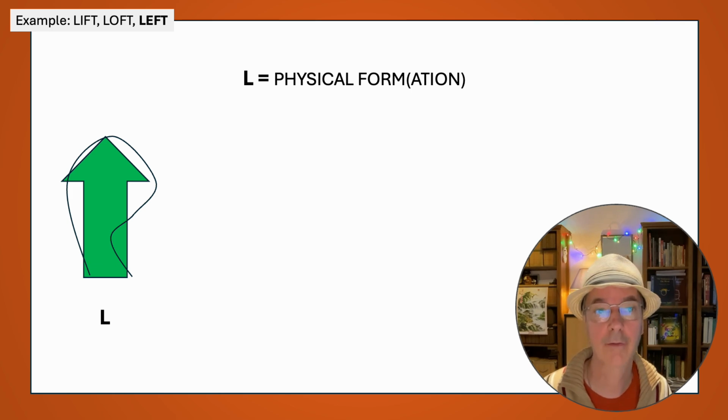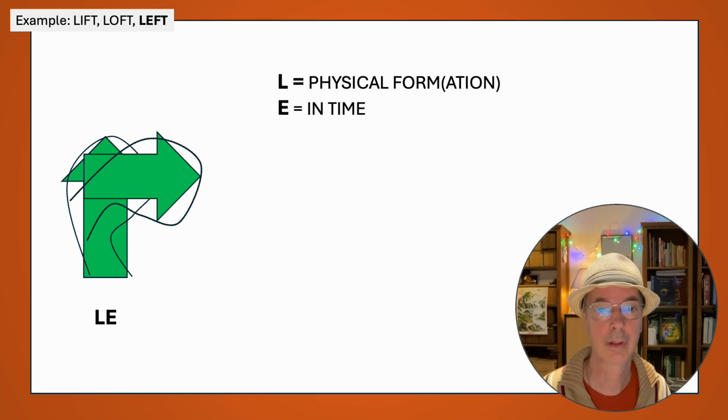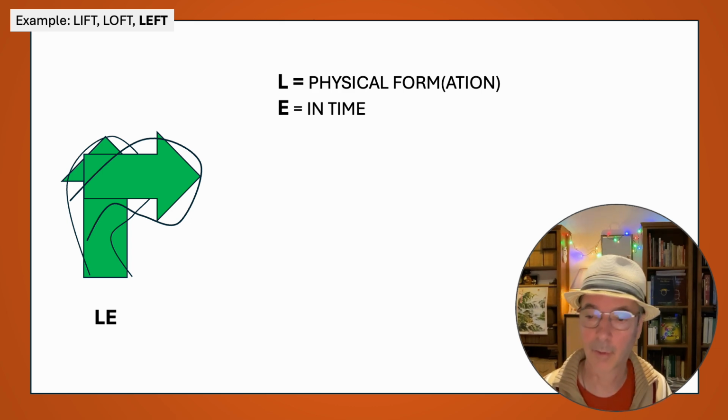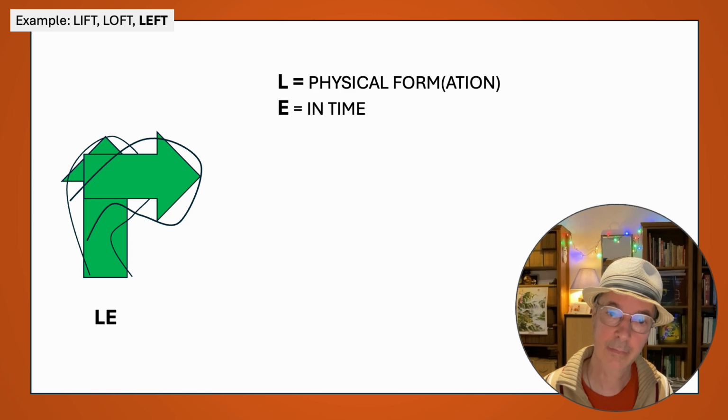Now I have on the left this physical form of formation which travels, let's say, sideways in time, because the E is in the vertical position. All the letters, at least from the first two categories, have a horizontal, vertical and diagonal plane on which they exist as well.